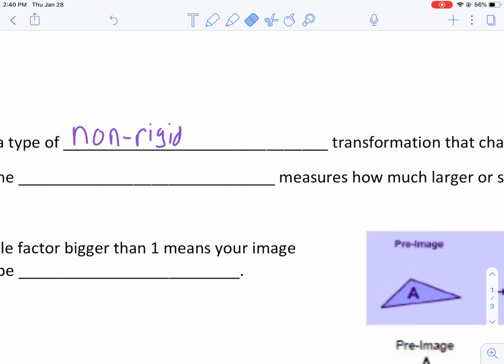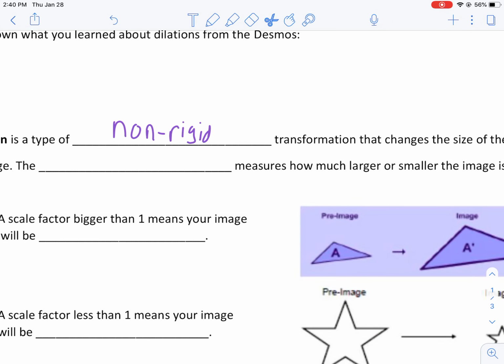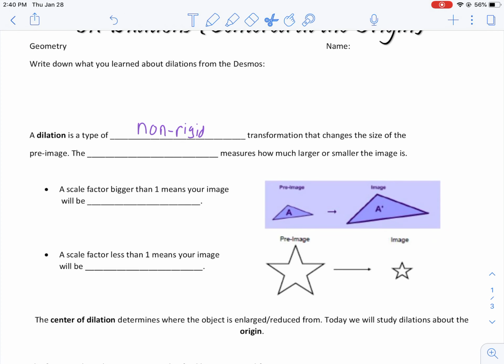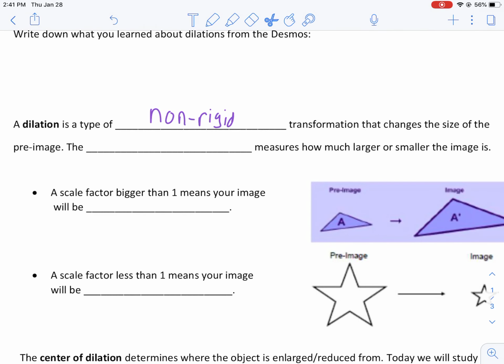So what that means is that the shape grows in size. Okay, if you remember back to our transformations unit, we talked about rigid transformations, rotations, reflections, and translations. Non-rigid transformation is a dilation. Okay, so a dilation actually changes the size of the pre-image.